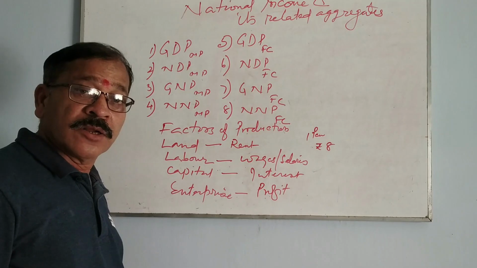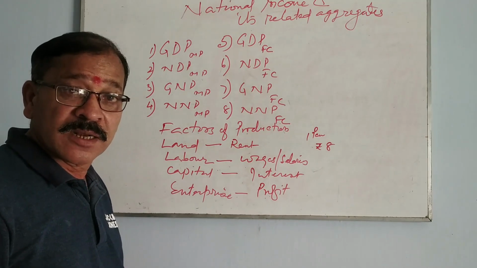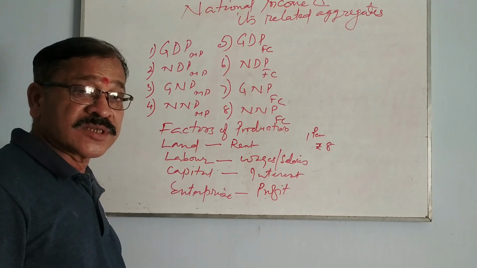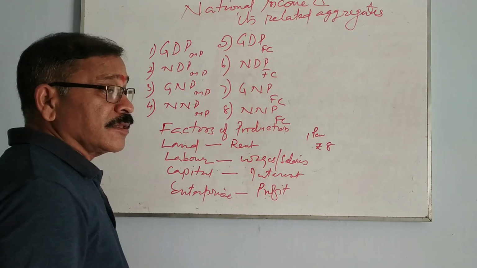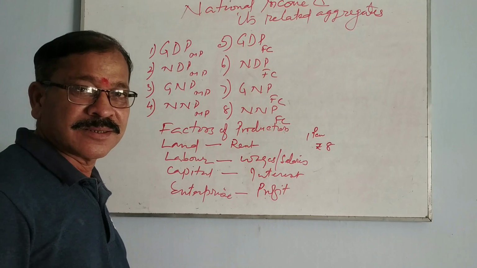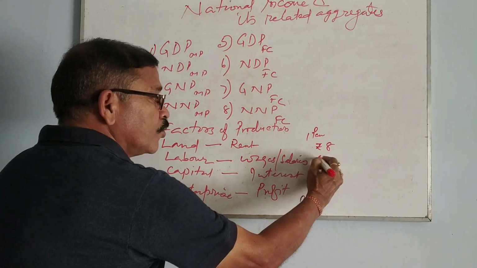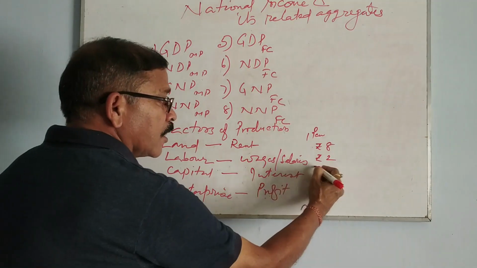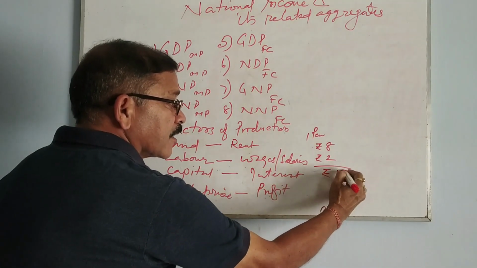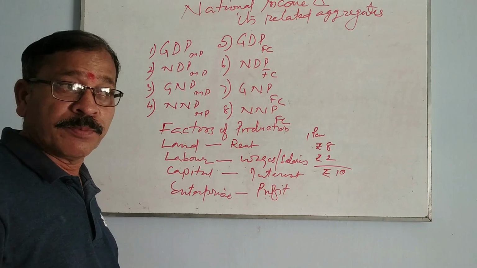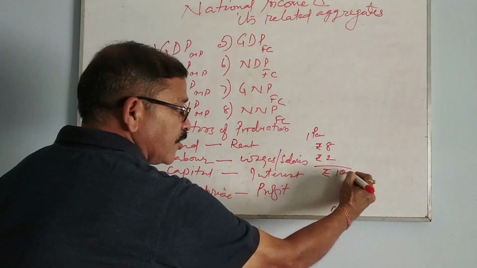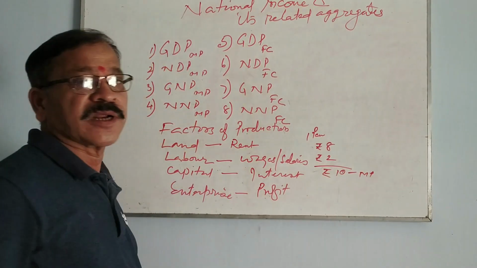Now this pen goes to market. I have to sell it. Then when I go to market to sell the pen, there are certain taxes. For example, 2 rupees is the tax levied on the pen. So now it becomes rupees 10. Now I have to sell the pen for 10 rupees. So this 10 rupees is known as market price.